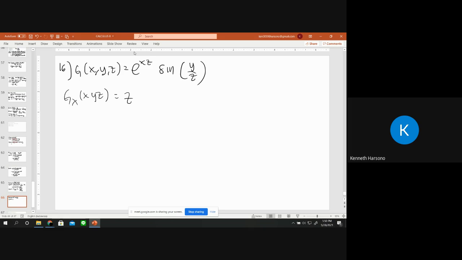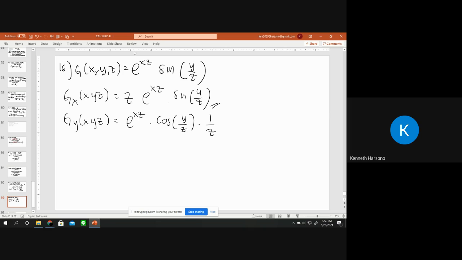The derivative of XC is just C times e power of XC times sin of Y over C. And G with respect to Y: assume this as a constant again, e power of XC times cos of Y over C times 1 over C, the derivative of Y over C.